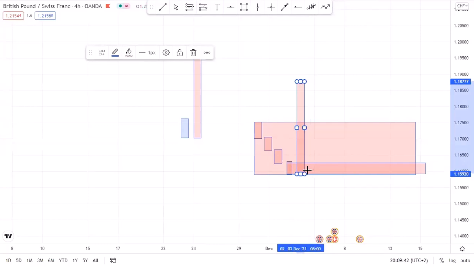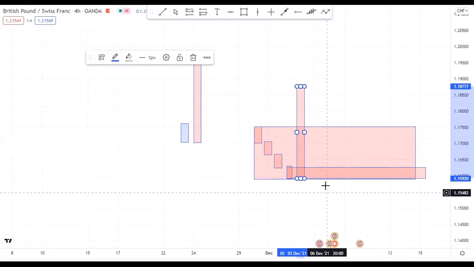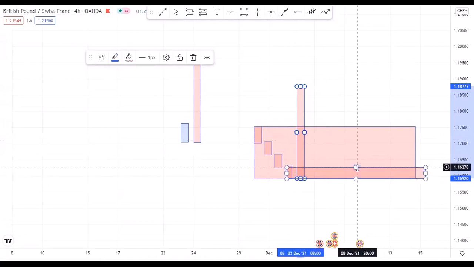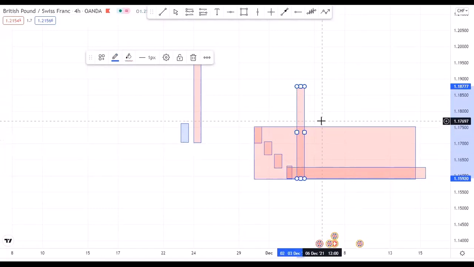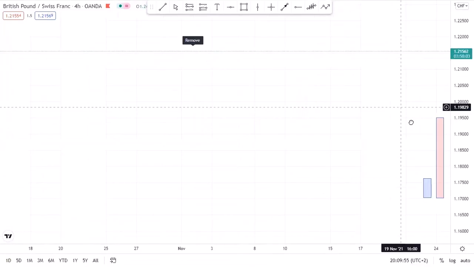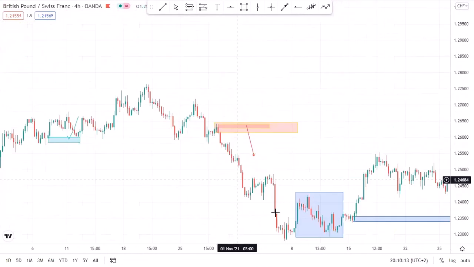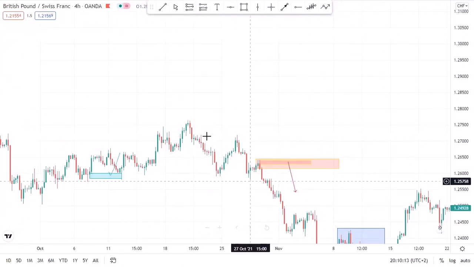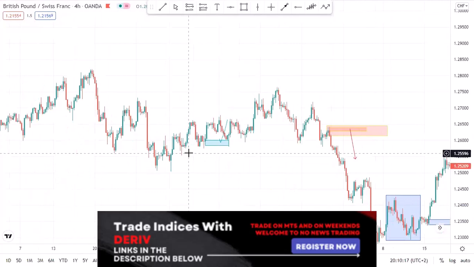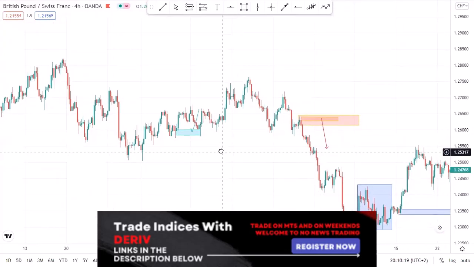You just use the same principle and dial down to the lowest OB possible. Let's use a chart example so that you guys can understand. Let's use an example that has already taken place.